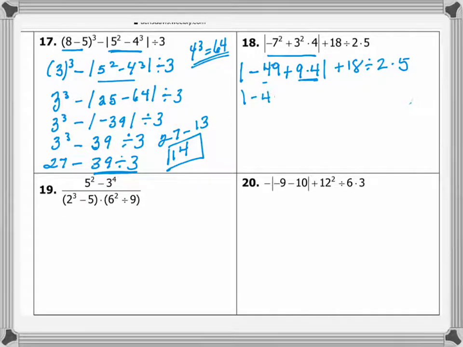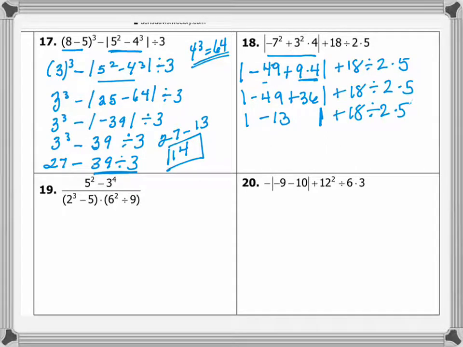So negative 49 plus 36, absolute value, plus 18 divided by 2 times 5. That is in the absolute value, so you have to do that first. If we add a positive 36 and a negative 49, we get negative 13. Okay, so negative 13, absolute value, plus 18 divided by 2 times 5. And the absolute value of negative 13 is 13, plus 18 divided by 2 times 5.